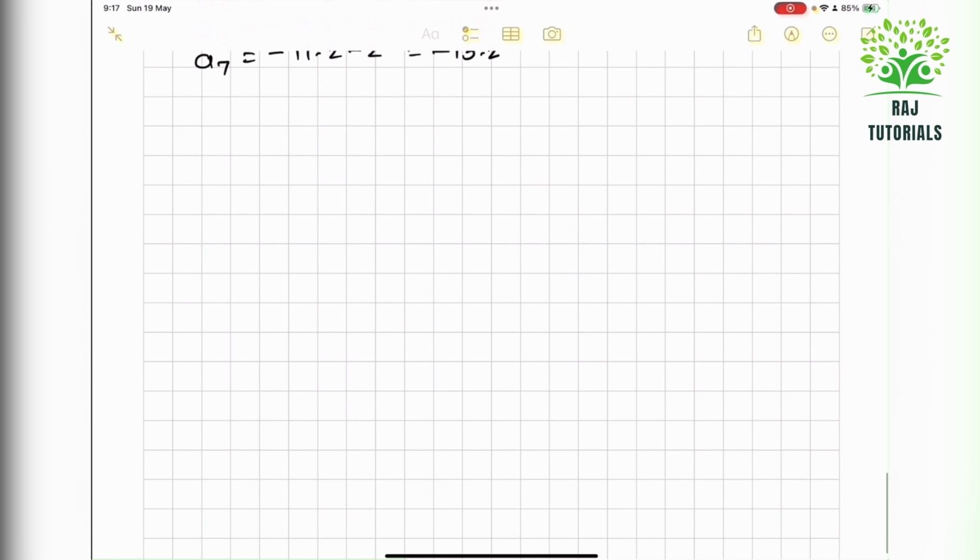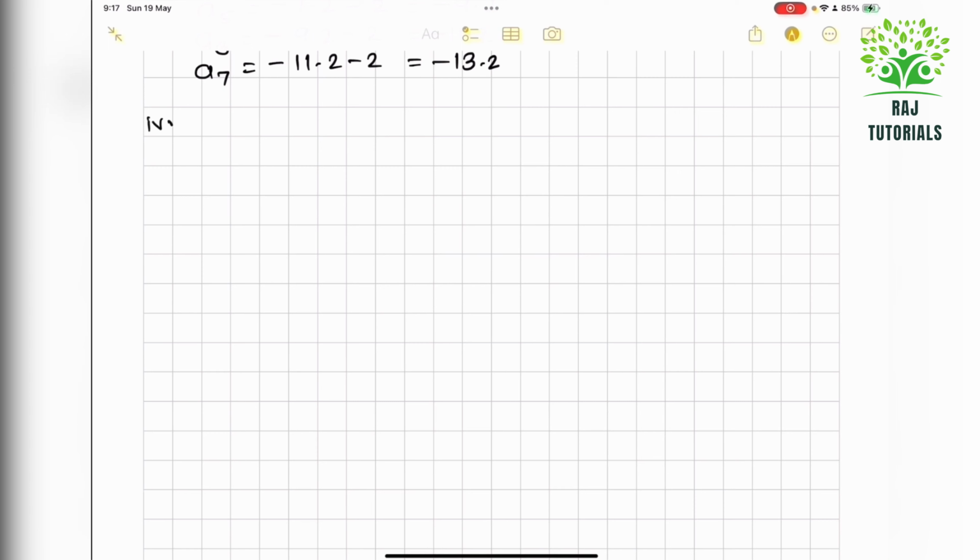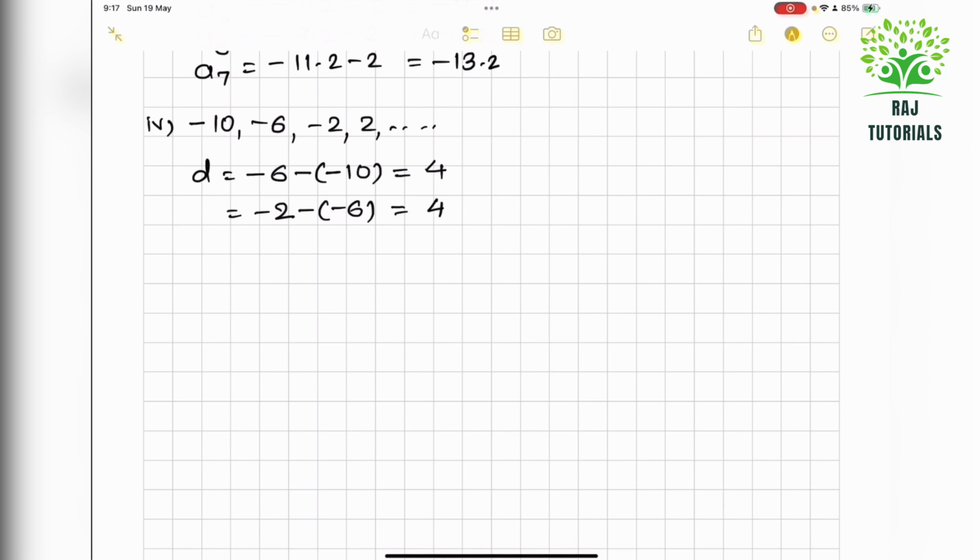Now, fourth one. It says minus 10, minus 6, minus 2, 2 and so on. So D equal to minus 6 minus of minus 10, that will be 4. Here minus 2 minus of minus 6, that also will be 4. And 2 minus of minus 2, that also will be 4.